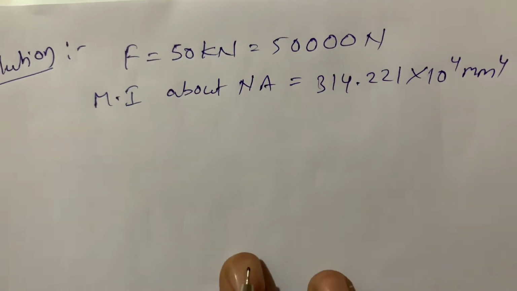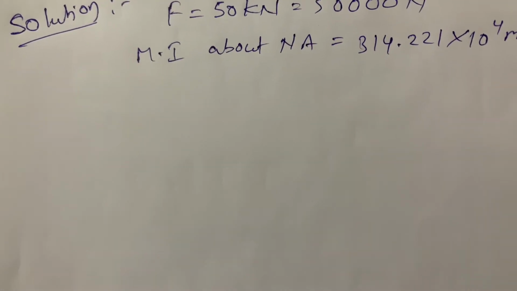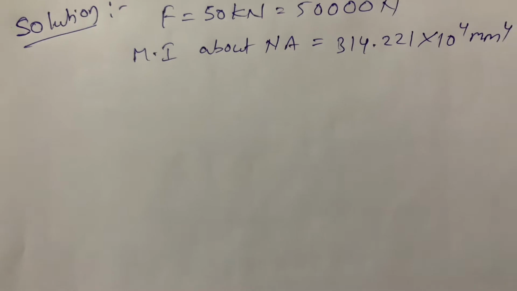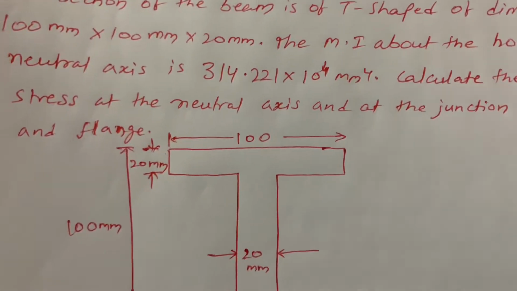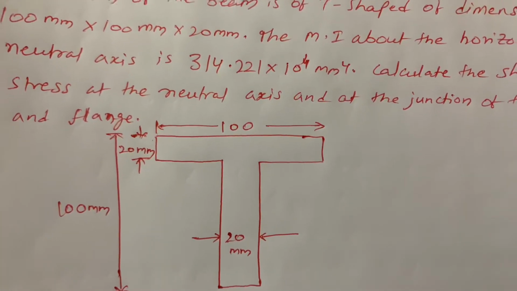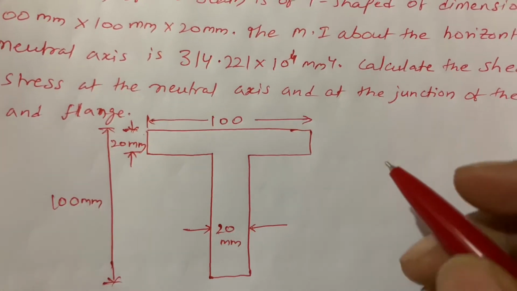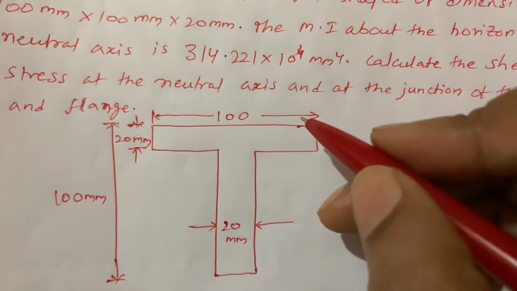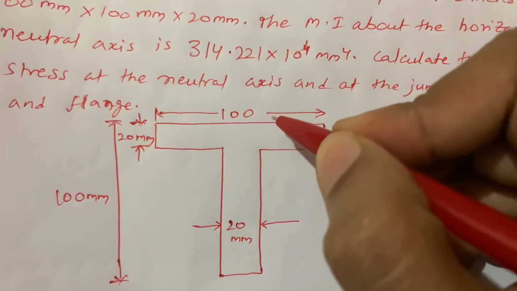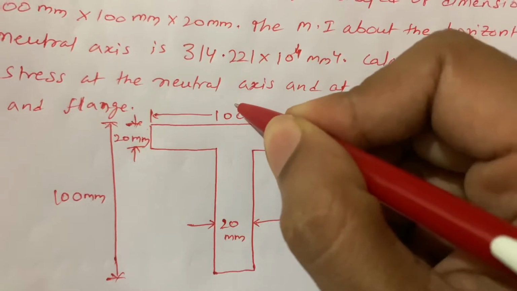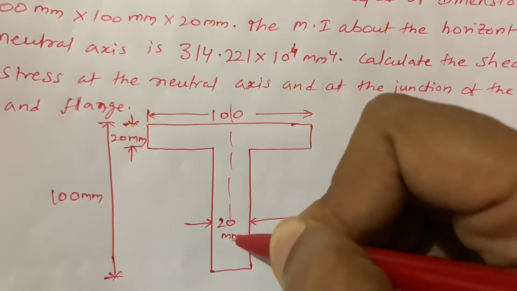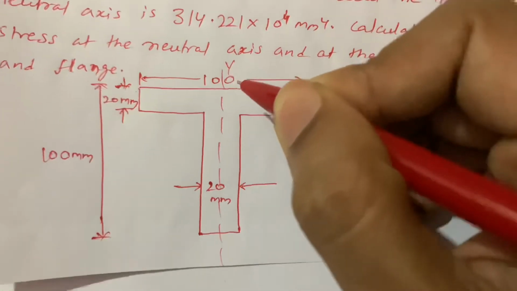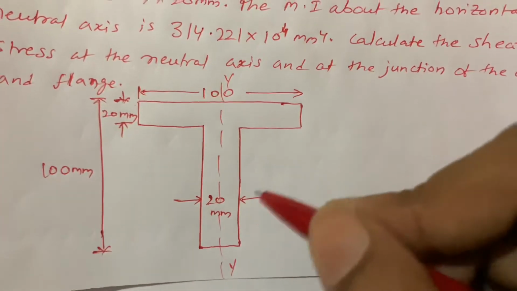Okay, so for the neutral axis position, here is the T-section, with the YY axis. First we have to calculate the neutral axis. We know the section is symmetrical about the YY axis, so the center of gravity of the section will lie on the YY axis.